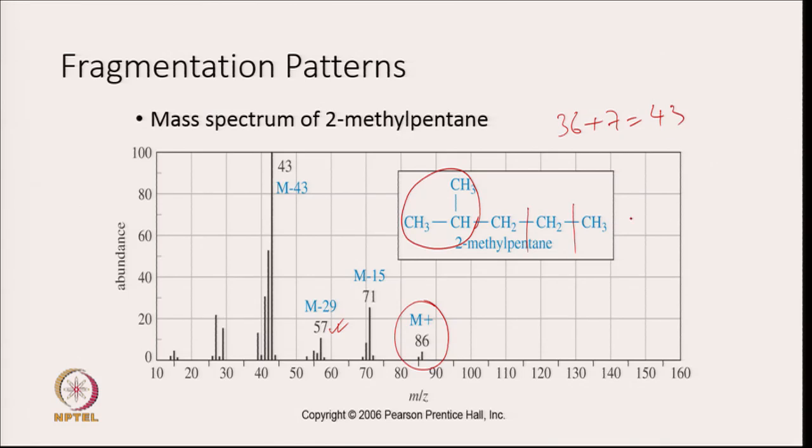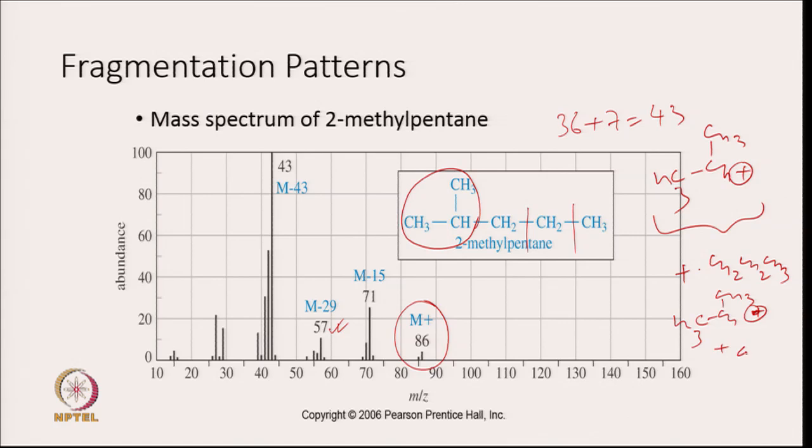So, if this molecule fragments giving this cation plus a CH2CH2CH3 radical, you will get a peak at 43, whereas you can also get the CH3 plus radical plus CH2CH2CH3.